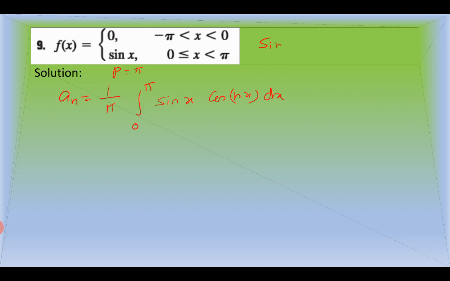The formula is sin a cosine b is equal to 1 over 2 of sin a plus b plus sin a minus b. This formula will be used here to find an.